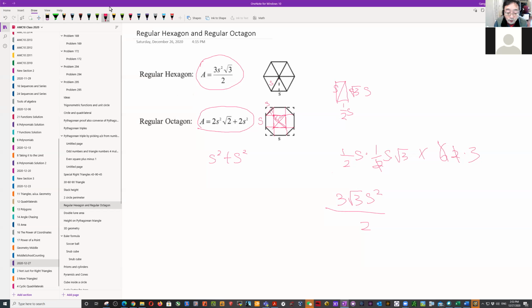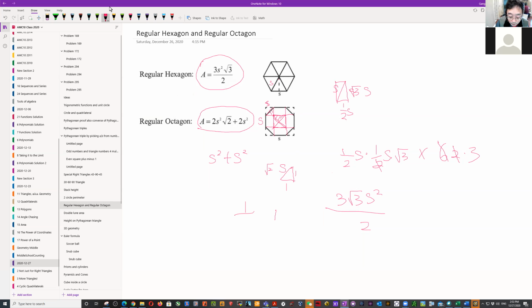So then basically, because this is S, looking at this little triangle, we know it is a 1, 1, square root of 2 triangle.